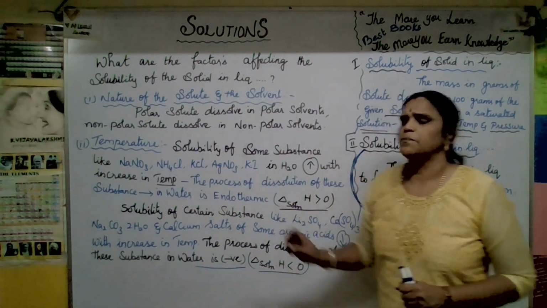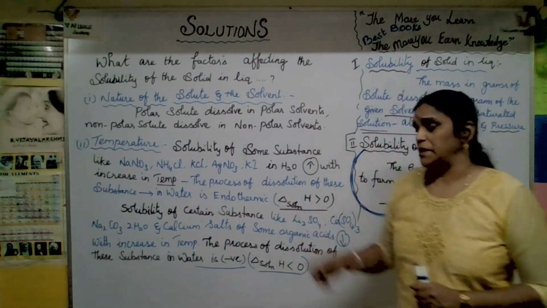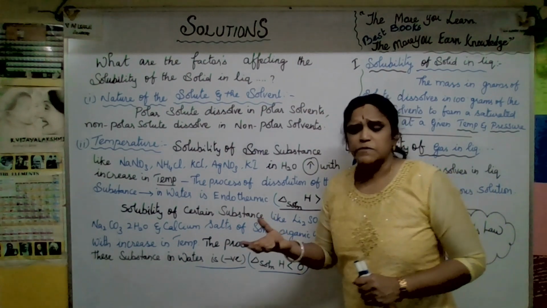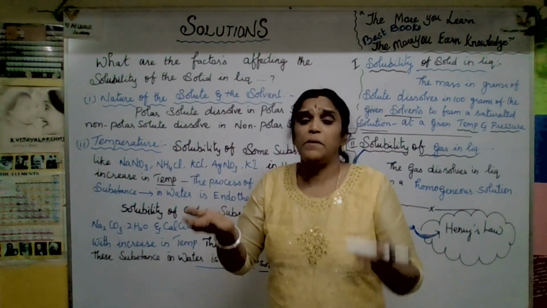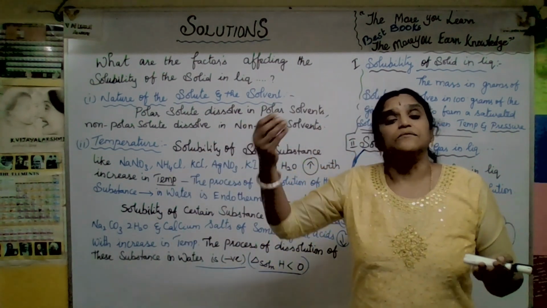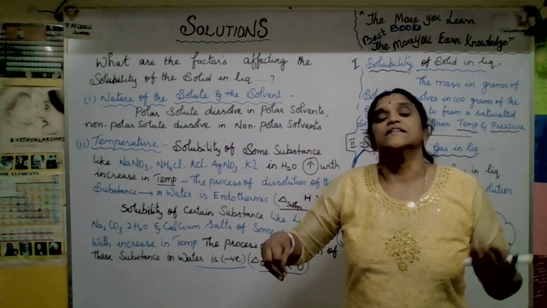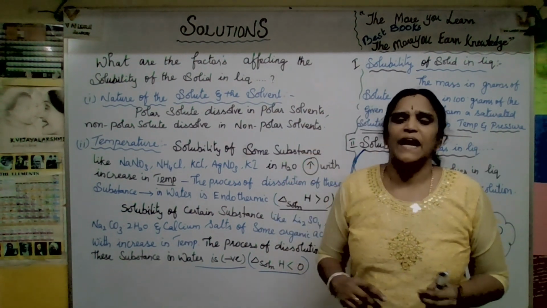Now the second point, temperature. How does temperature affect solubility? For some substances, as the temperature increases, solubility also increases. For others, as the temperature decreases, solubility increases. So these are the two main categories.